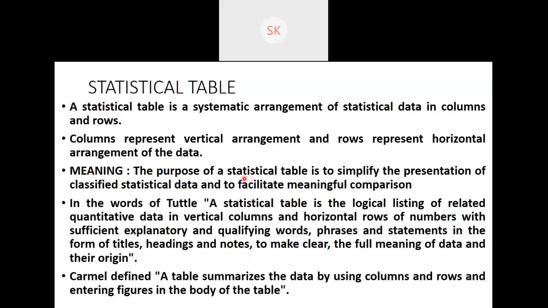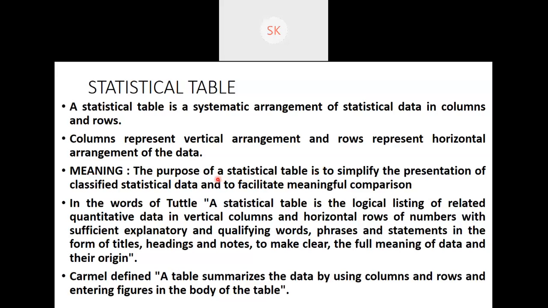The purpose of a statistical table is to simplify the presentation of classified statistical data and to facilitate meaningful comparison. If you remember, we have solved a lot of problems where they give us the individual observations, and with the help of tally bars, we prepare a frequency distribution table.